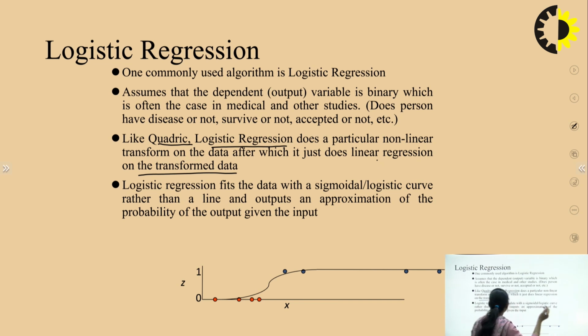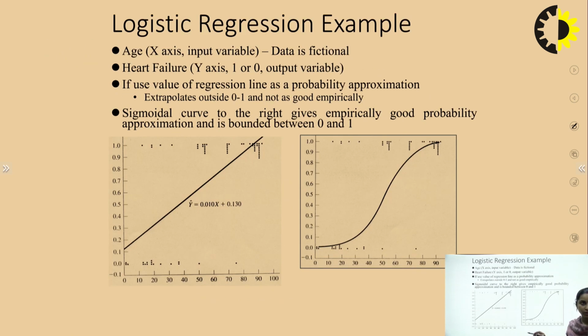Logistic regression uses the sigmoidal logistic curve rather than a line, and the output is an approximation of the probability of the output given the input. So you can see the graph is like this. So we use sigmoidal functions for logistic regression, right?